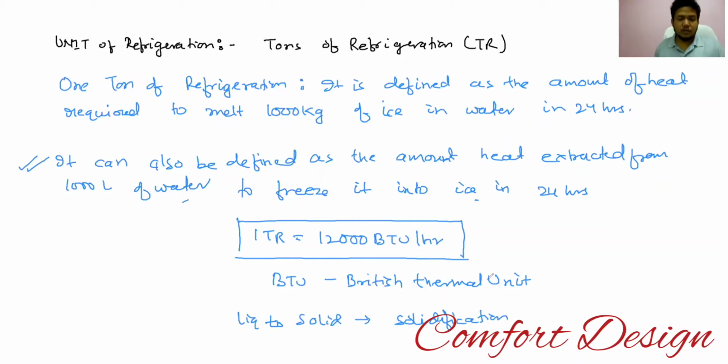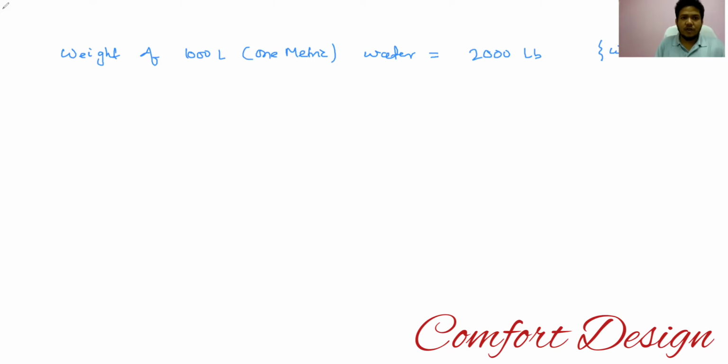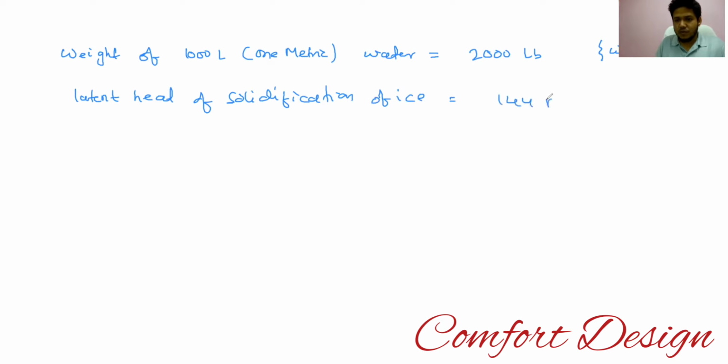So the weight of 1000 liter of water, that is 1 metric ton of water, and latent heat of solidification. Latent heat of solidification of ice is 144 BTU per pound. Now, the weight of 1000 liter of water is 2000 pound.